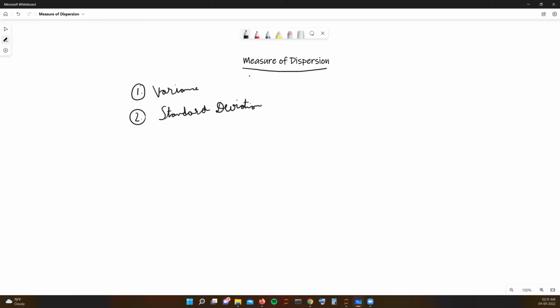So let's consider an example first. Let's consider that we have two different data distributions or two different data sets, whatever you want to say. One is having the points 2, 2, 4, and 4, and the other one is having the points 1, 1, 5, and 5.